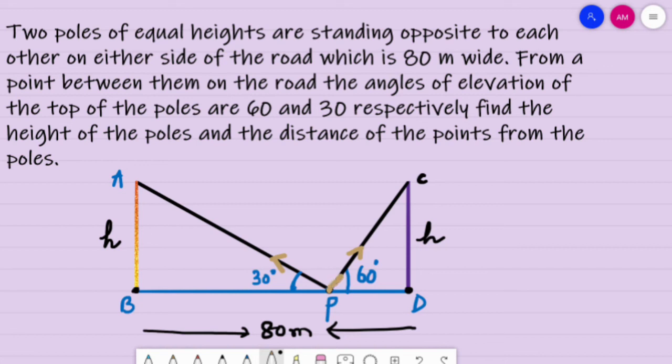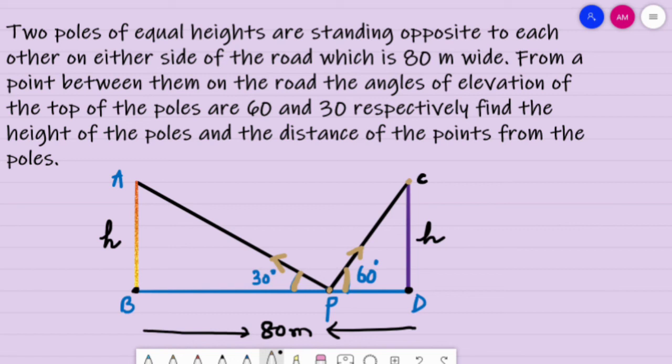This is the line of sight to CD and this is the line of sight to AB. Now what is happening? From P, if a person sees the upper part of pole CD, the point C, the angle of elevation comes to be 60 degrees. And if he sees point A, the angle of elevation comes to be 30 degrees.